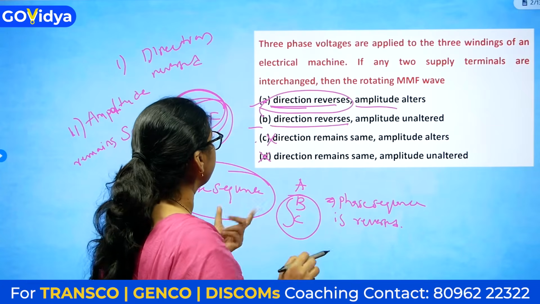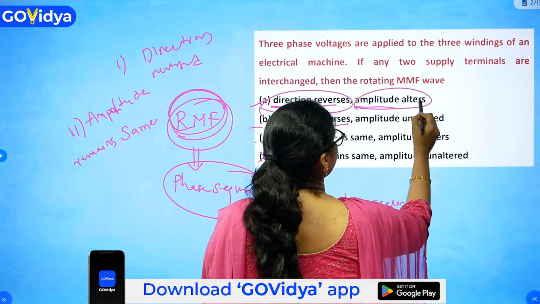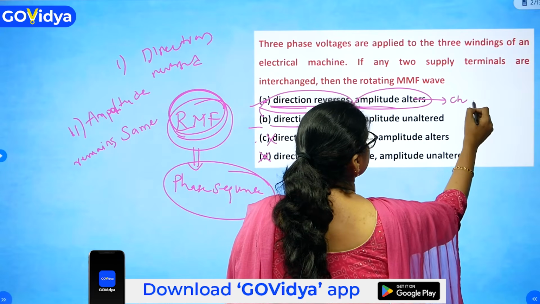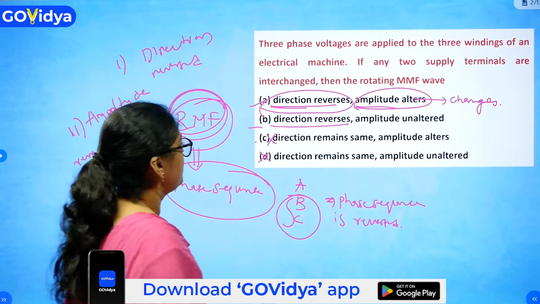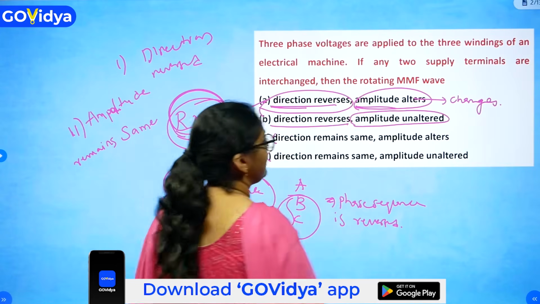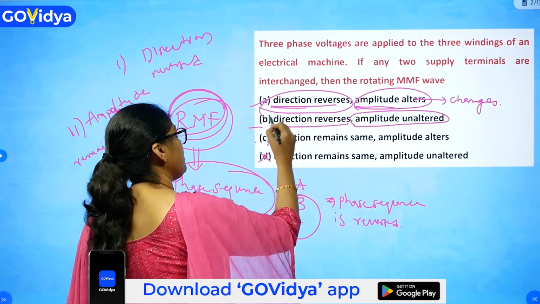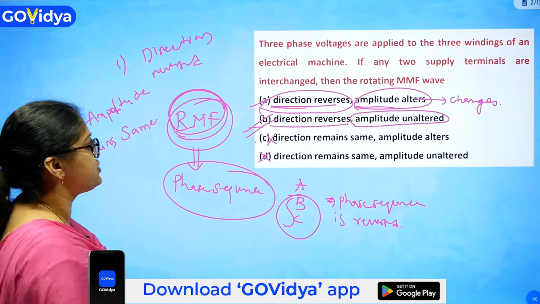The answer is between A and B. Option A says the amplitude alters, meaning it changes. No, the amplitude will remain the same. So the answer is option B, amplitude unaltered. Clear? Let's move to the next question.